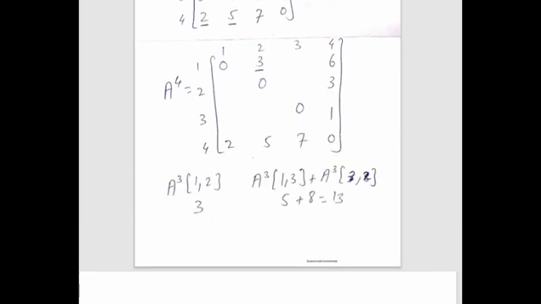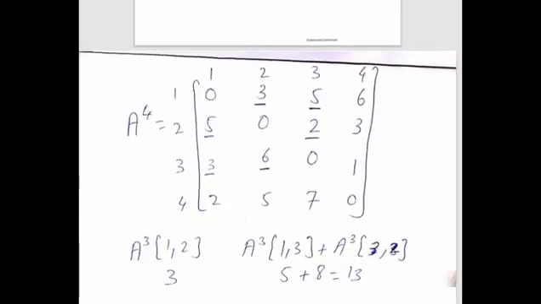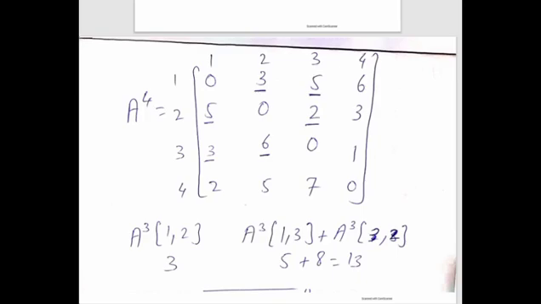In a similar way, now we will calculate the next value, that is 1 to 3. We will use the formula to calculate that, which is 5, and in a similar way we can fill up the rest of the matrix.